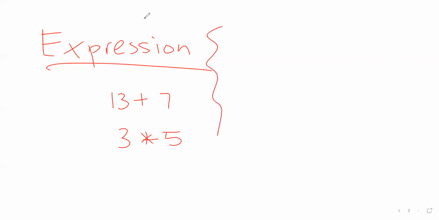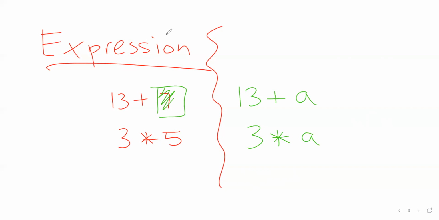There's no answer. And now where we take this further is we start to take these expressions and say, well, now we have a variable. So 13 plus a and 3 times a. Maybe we didn't know these numbers. And one thing we can also notice is that this variable is the same, so this number has to be the same.